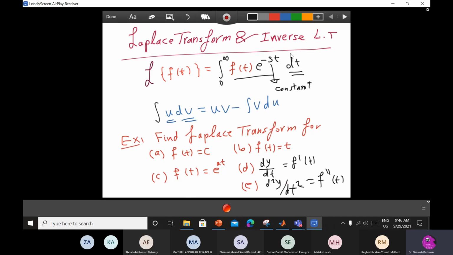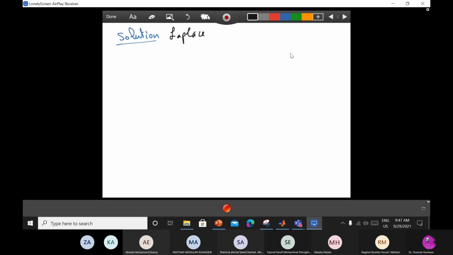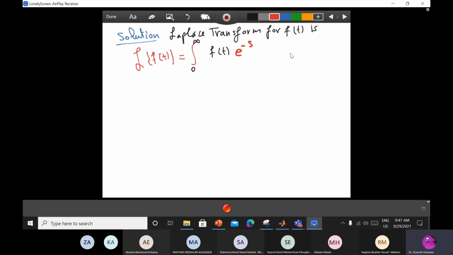Now let's go for the first one, f of t equal to constant. First of all, Laplace transform, this is the knowledge you need for f of t: it equals the integration from 0 to infinity for your function multiplied by e to the minus st dt.